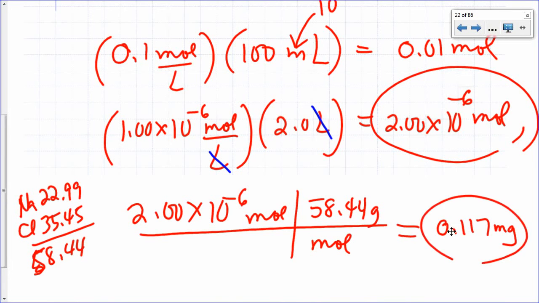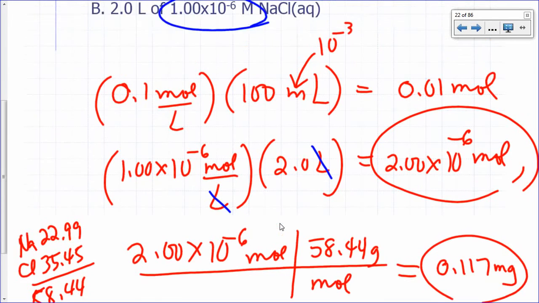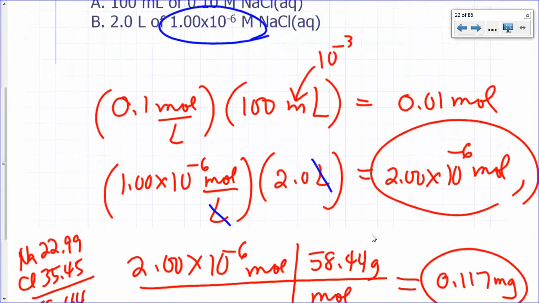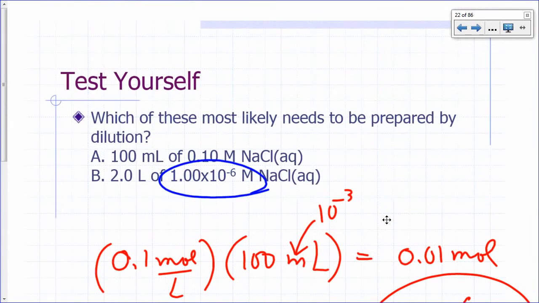That is very hard to measure. Your most sensitive balance in a typical instructional lab, an analytical balance, would be sensitive to 1/10 of a milligram. So that's right around the sensitivity of your analytical balance.